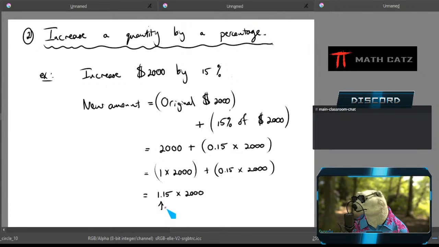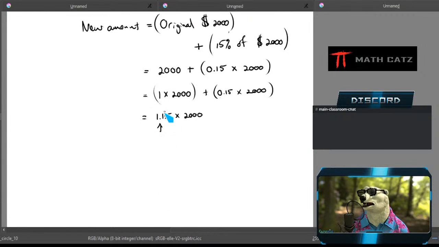So the factor that is applied to the 2000 stated originally is 1 plus 0.15. The 1 is referring to my original amount that I keep. I don't lose the original 2000. The 0.15 is the decimal version of the percentage in question.